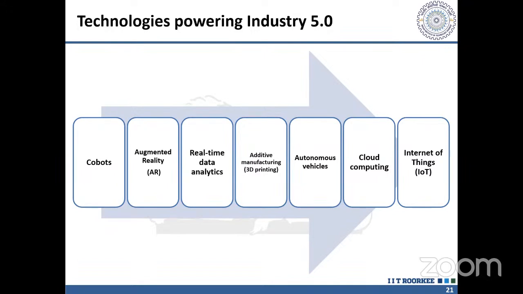Let's take an example: Siemens uses cloud computing to monitor and analyze data from its wind turbines. The company collects data on the turbines and sends it to the cloud for analysis. This enables Siemens to identify issues and optimize the turbine performance in real time.